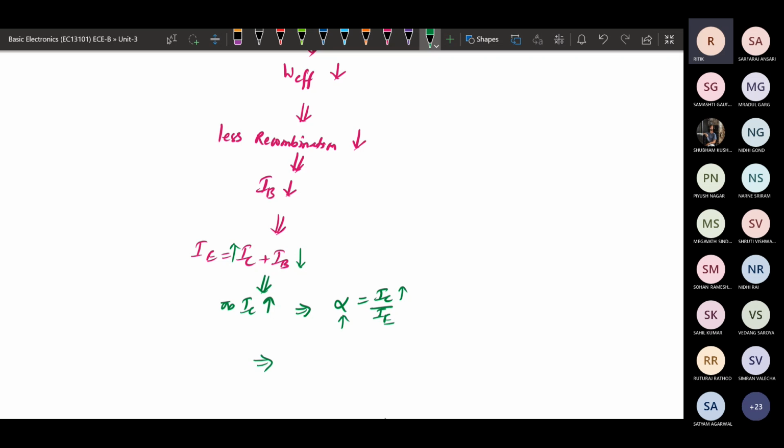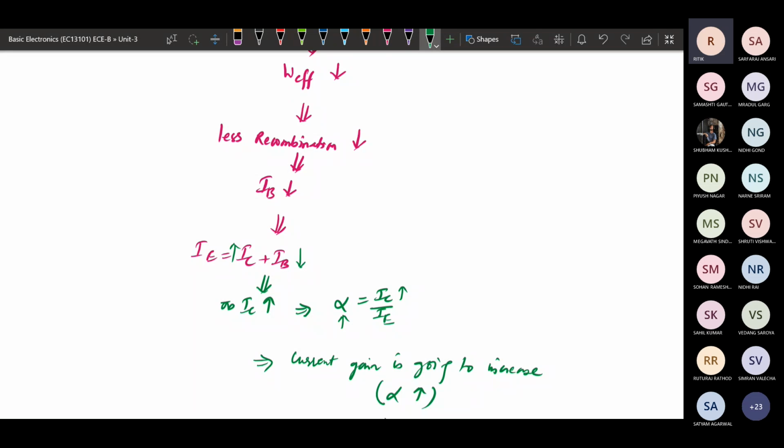So from there we can say the current gain is going to increase. That means alpha is going to increase. Okay, so this is the case in common base configuration. Similar effect will be there in the others also.